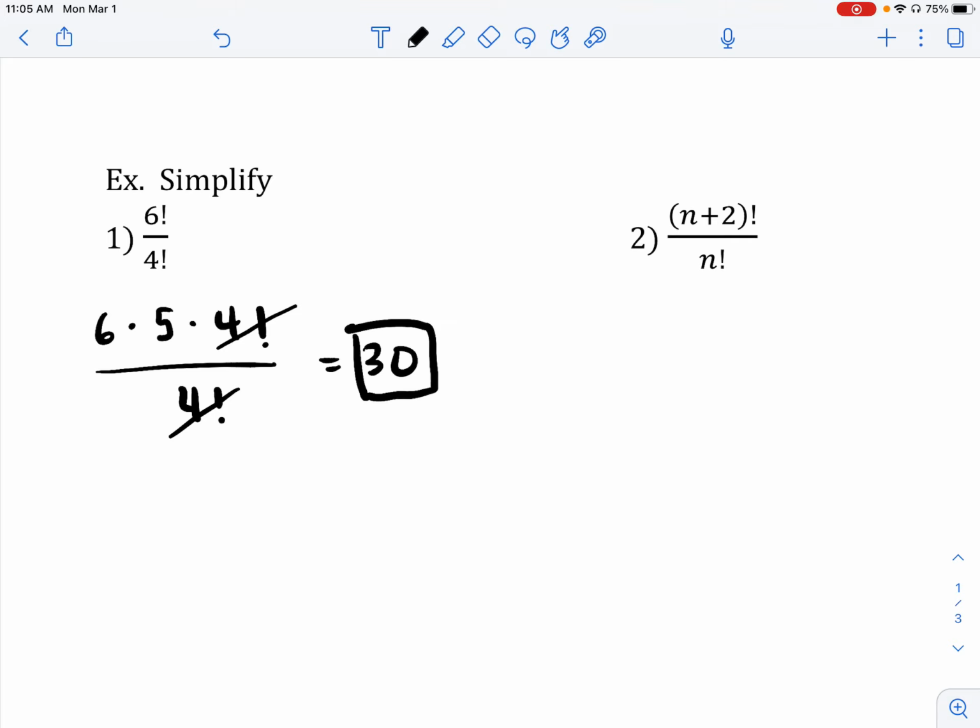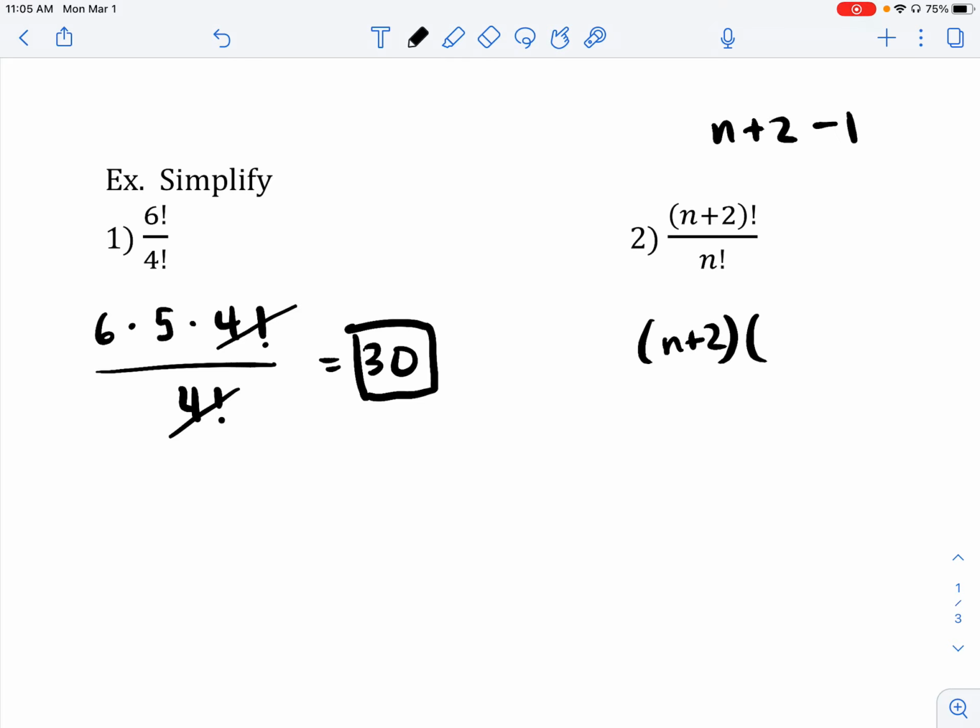So much easier. Now, what if we were to do something like this with the variables or the n values instead of actual real numbers? Well, the answer is actually something really similar. What does n plus 2 factorial look like? Well, it's n plus 2 times its previous term. Well, what's n plus 2 minus 1?